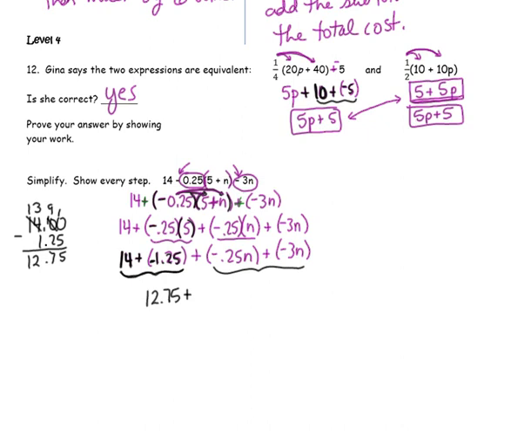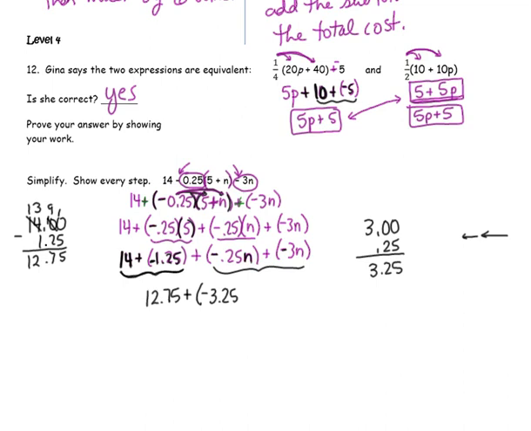They're both negative, so they're going to be added together. 3 plus 0.25. So 3.00 plus 0.25 is 3.25. And a negative plus a negative is a negative. Remember, on the number line, you would be going left and then left again. So we have plus a negative 3.25.